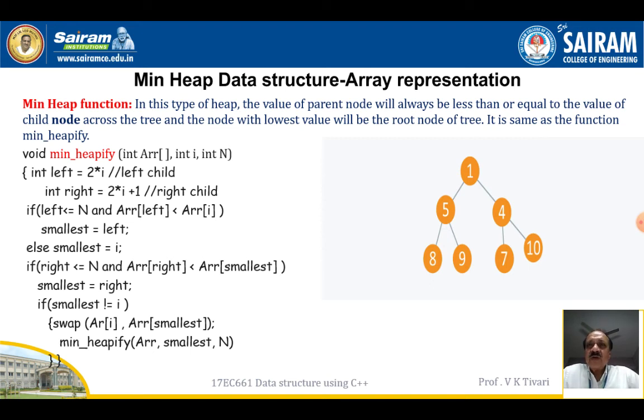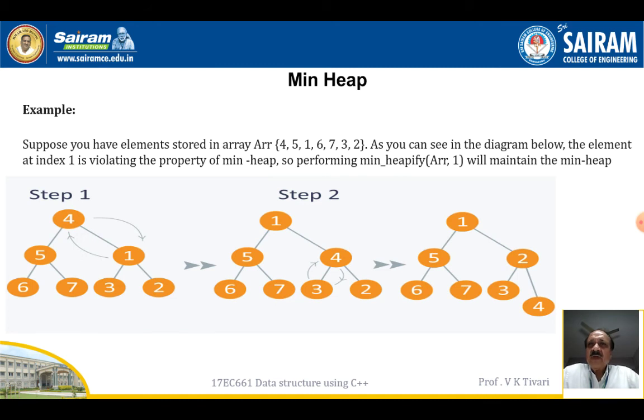Here we will be moving left or right values to the smallest, and this is the only difference in this program from the maximum heap data structure. In the minimum heap, you can see very clearly it is given how it is swapping 1 and 4. Then at the last, swapping is given. The minimum heap structure is shown in the figure.